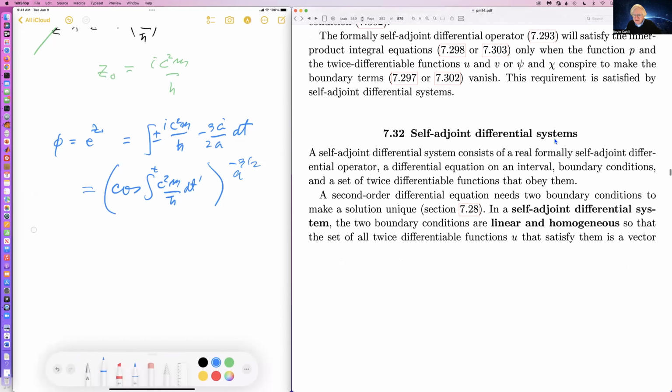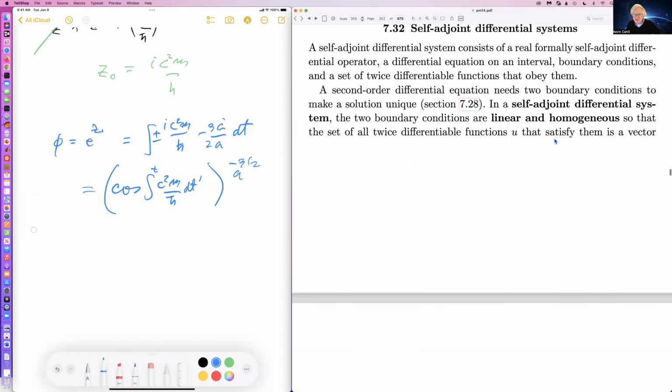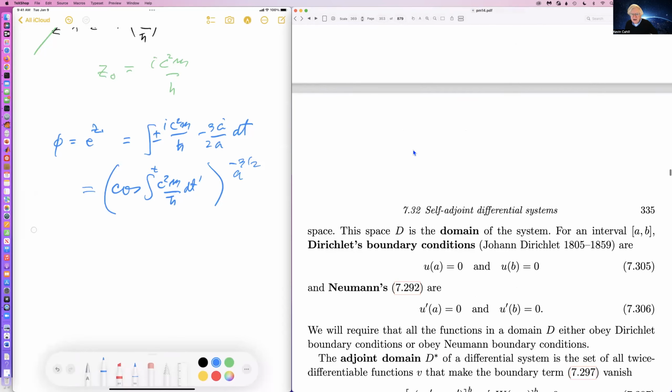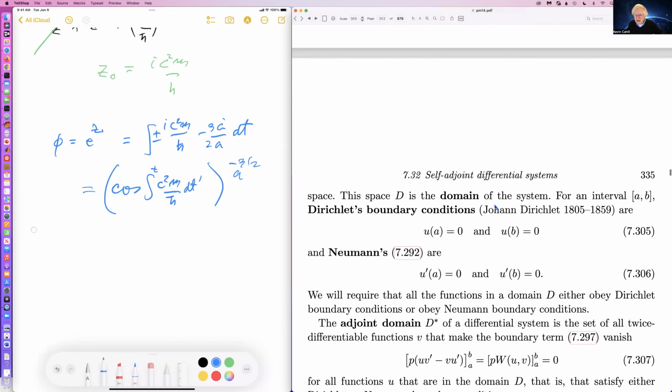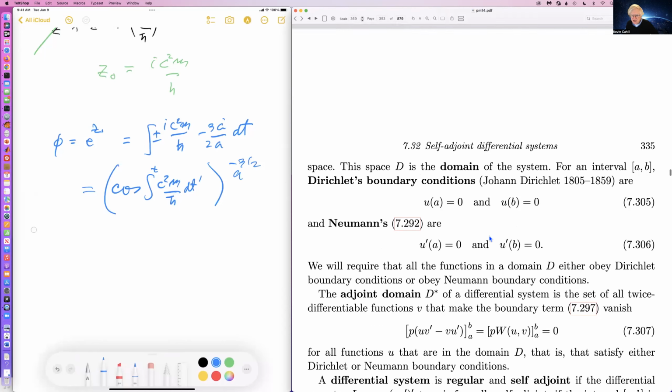So the idea then is a self-adjoint differential system. You have two boundary conditions that are linear and homogeneous, and you have a domain. The domain is the set of functions that satisfy either the what are called Dirichlet boundary conditions or Neumann boundary conditions.